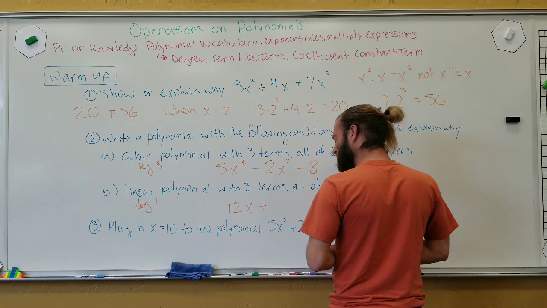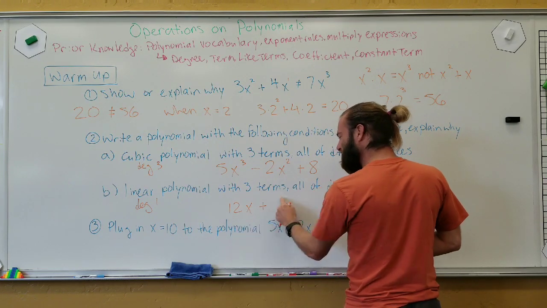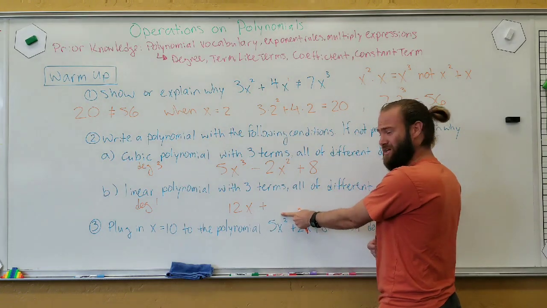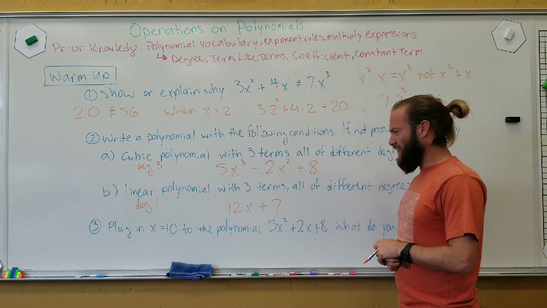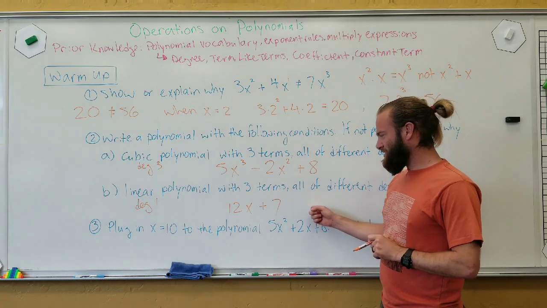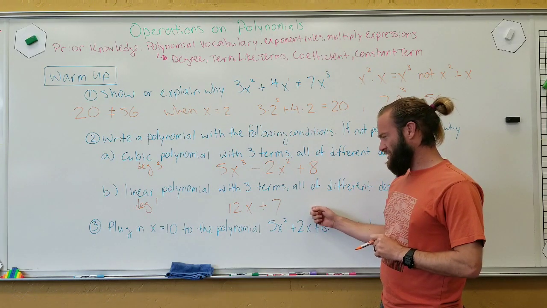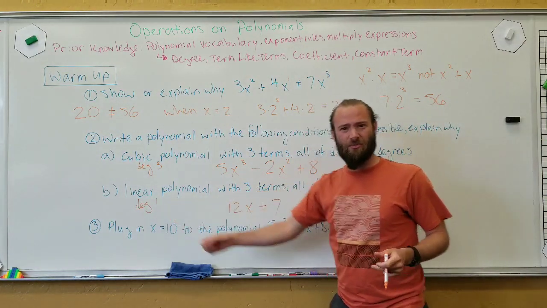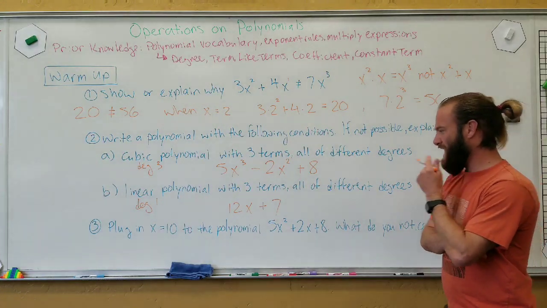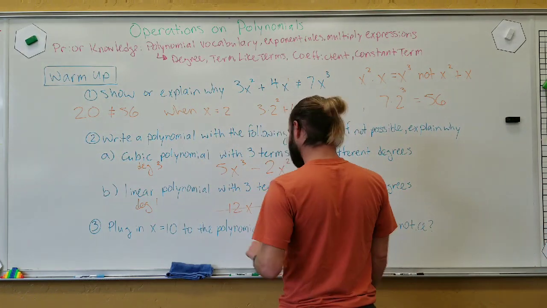I don't know if I can do that. Because if it's linear, and that's the highest, the only thing lower is a constant, like plus 7 or something like that. And the only way for me to have another term here is if it was another constant or another x, because if I do x squared, no longer linear anymore, right? So I kind of think that this is done.